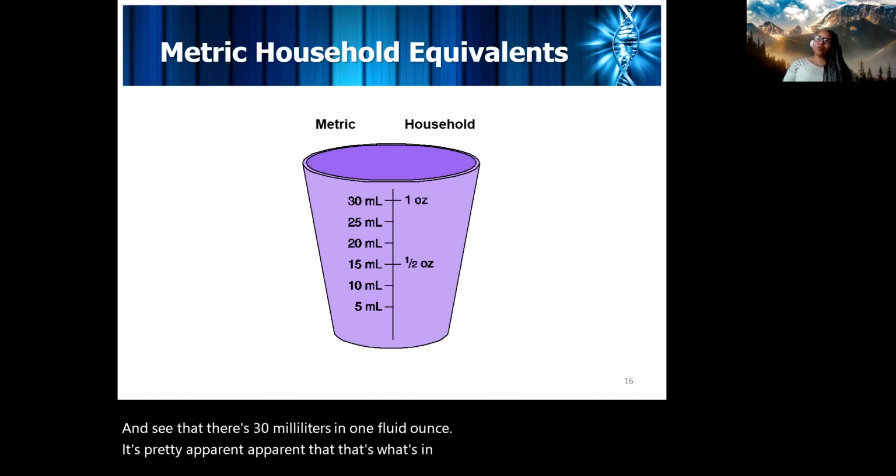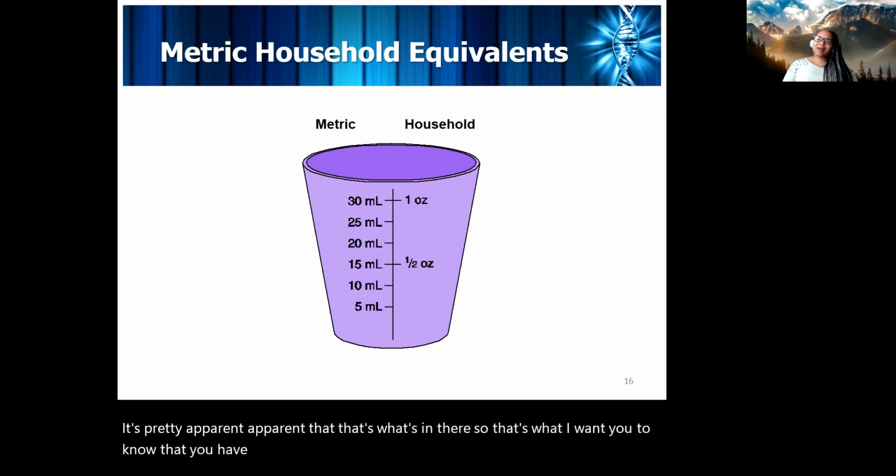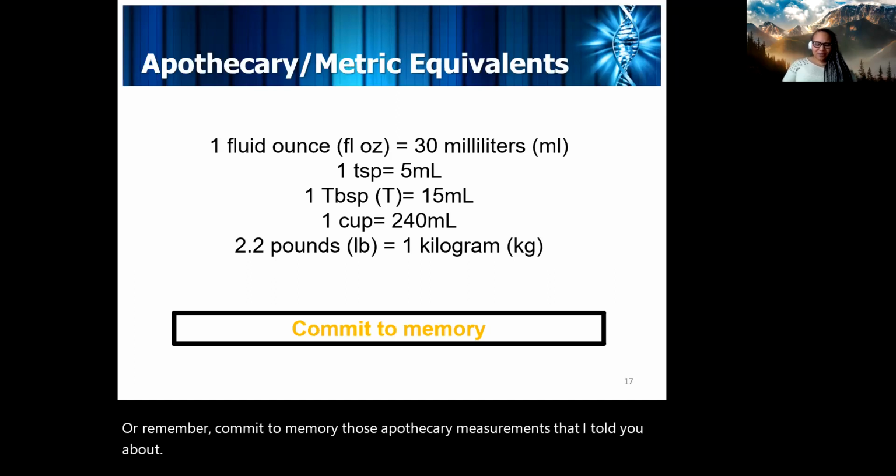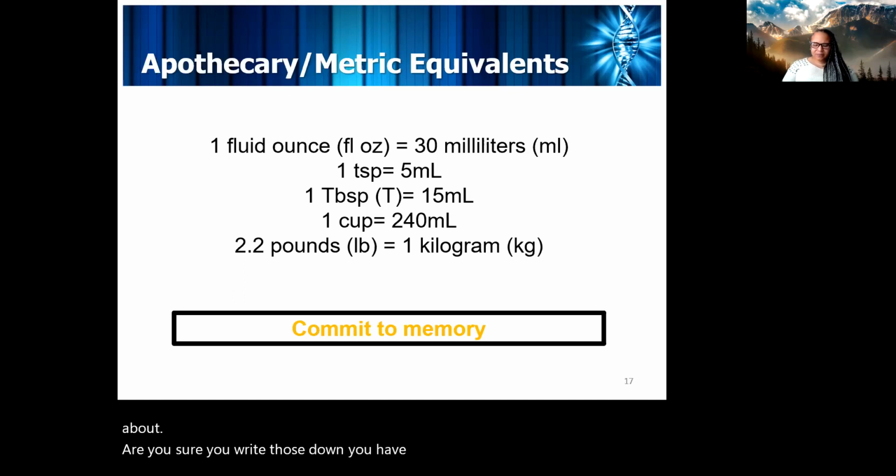It's pretty apparent that that's what's in there. So that's what I want you to know, that you have to compute or remember, commit to memory those apothecary measurements that I told you about. Be sure you write those down. You have to know those.